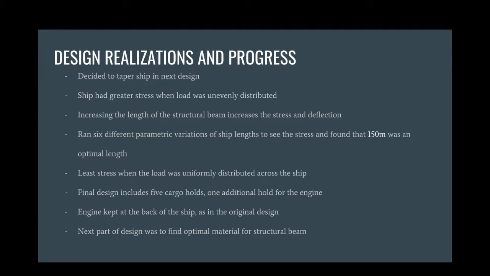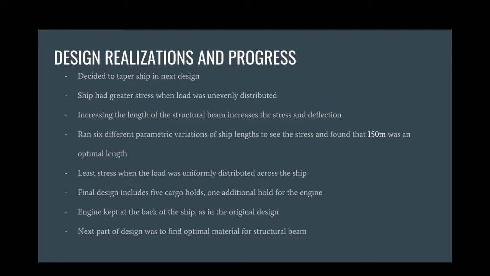After designing our initial ship, we had some design realizations and progress, and we wanted to make some changes to the ship. We decided to taper the beam of the ship in the next design, and the ship had greater stress when the load was unevenly distributed. When we increased the length of the structural beam, it increased the stress and the deflection on the ship.